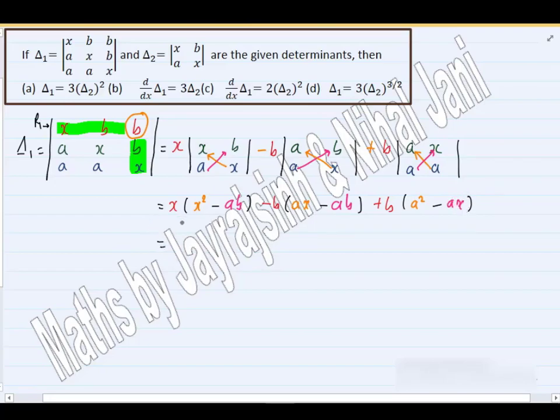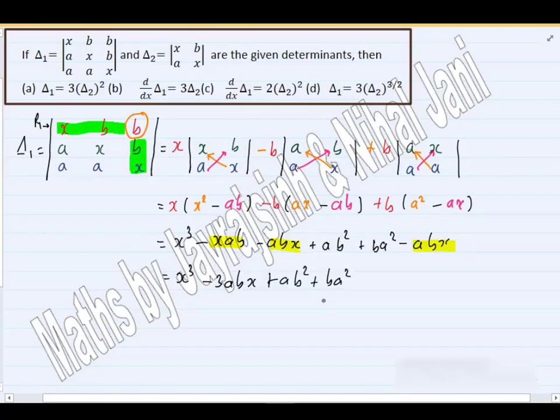Now it's time to open the bracket. x into x will give us x cube, then xab minus abx and plus ab square, ba square and minus abx, right? So let's simplify. x cube stays as it is, and here we have minus xab, minus abx and minus abx, or we can say minus 3abx, and the last two terms stay as they are. So let's write it down as it is.